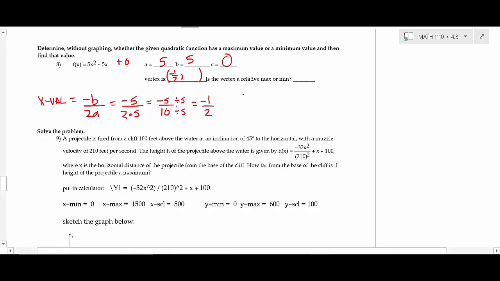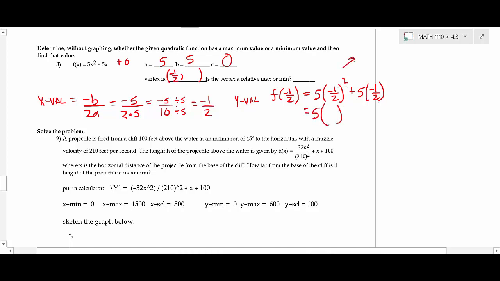So now what we do to get the y value is we do f of negative 1/2. So you want to go to your function that I gave you, 5x squared plus 5x, and you want to replace all of the x's with negative 1/2. I'll just crunch out the details. You got to know how to handle fraction arithmetic. So you have 5 here.